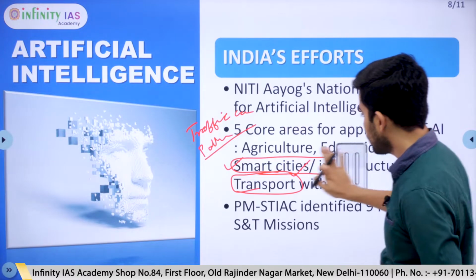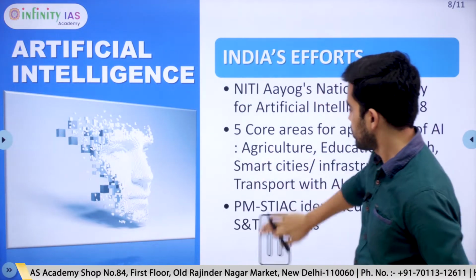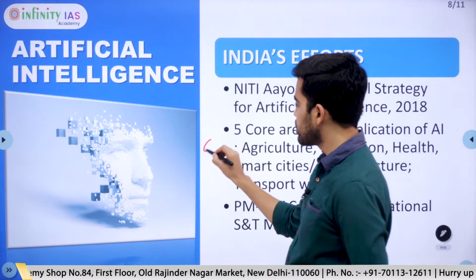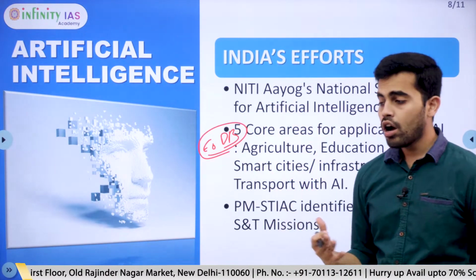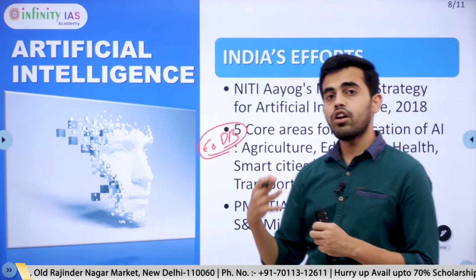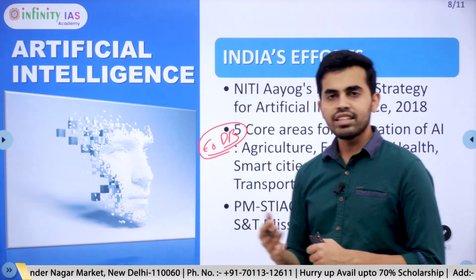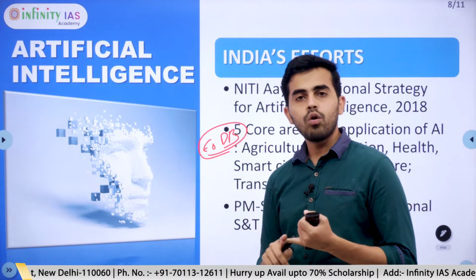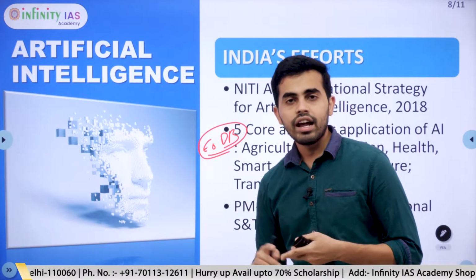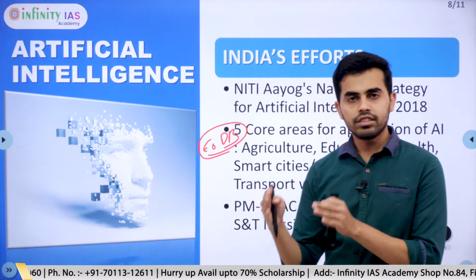Next comes transport. Logistics is a very important thing in ease of doing business. AI can be used to improve logistics efficiency. For example, we put the data of various traffic, road, rail, air, and water, into the software.